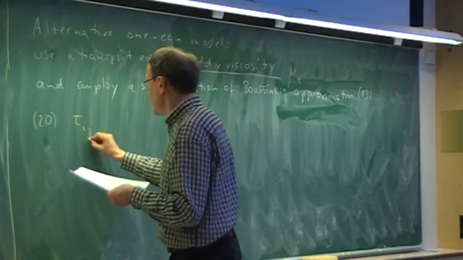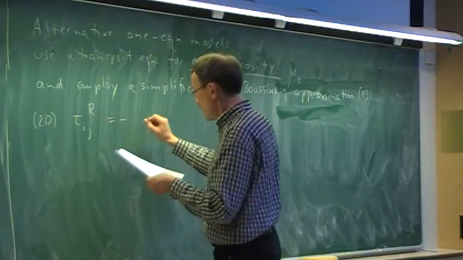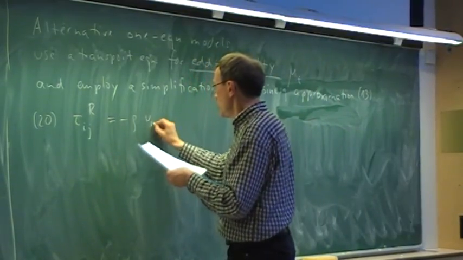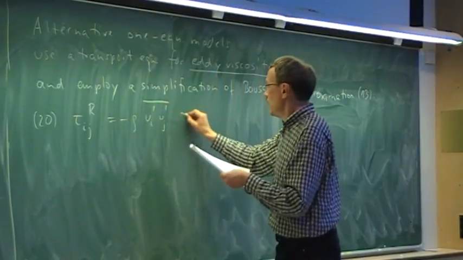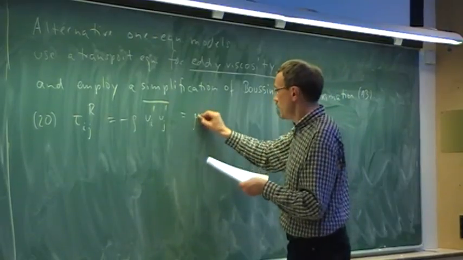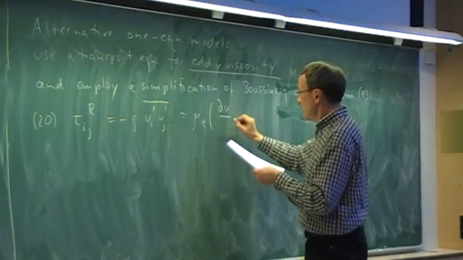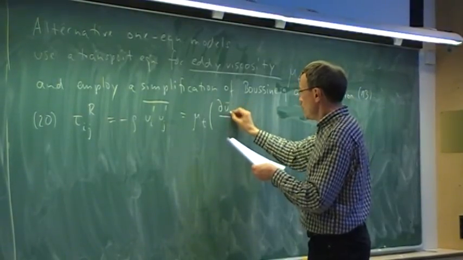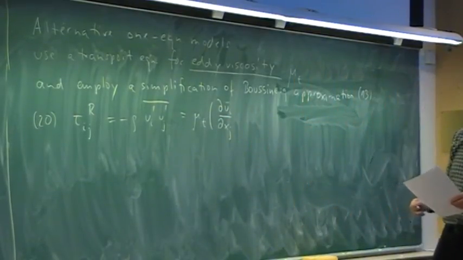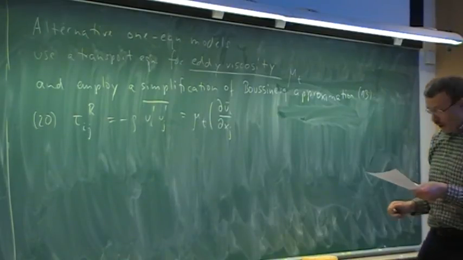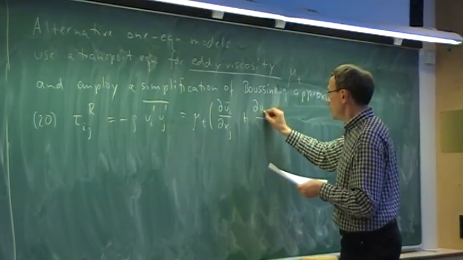So the Reynolds stress tensor components, which we learned yesterday, are minus density times the average of ui prime uj prime. And the Boussinesq approximation says that we have here the mu t, eddy viscosity, times the jth derivative of the ith component of the mean velocity u bar, and so on.